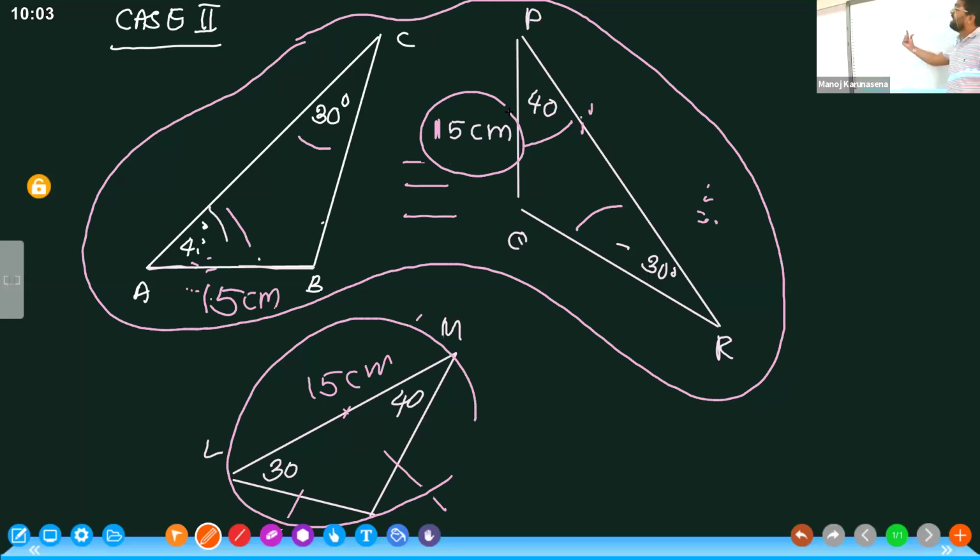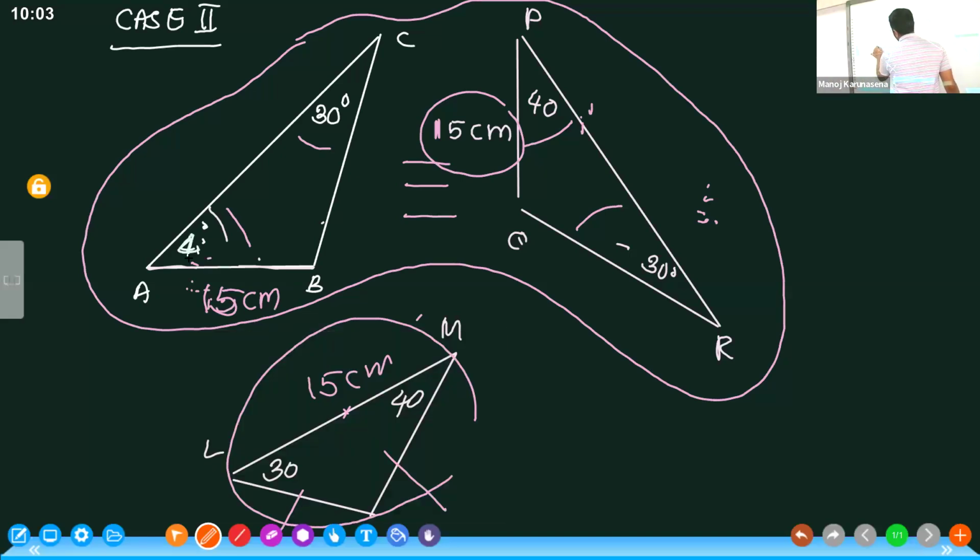So this case we call angle, angle, side. If two angles and a side of a triangle are equal to two angles and a side of another triangle, then the two triangles are congruent.